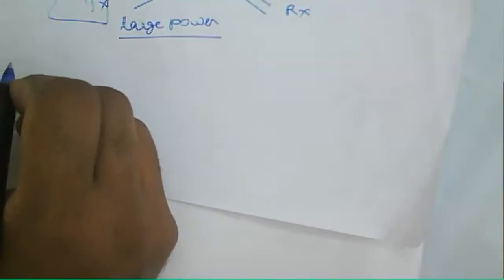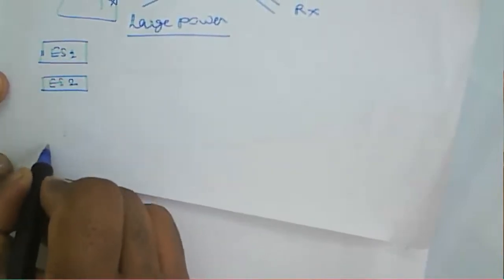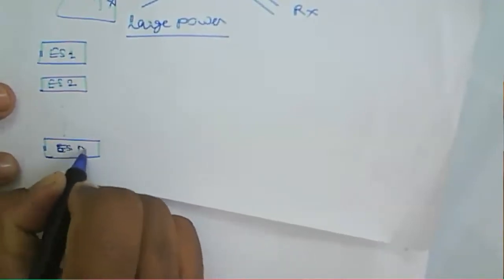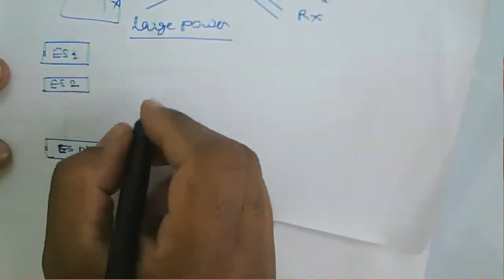Before that, we should know what the communication system model is. Generally, we have multiple earth stations: earth station 1, earth station 2, then earth station n, n number of earth stations.